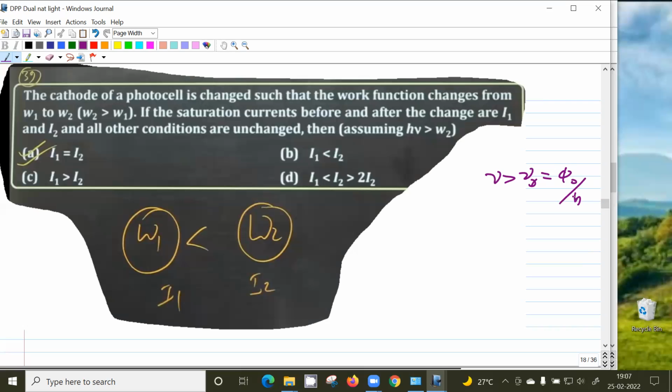It's phi naught by h. So the only condition is that h nu should be greater than both W1 and W2. This is the assumption we are making. In that case, the number of electrons emitted in both cases will be the same. That means the current is the same. That is, the saturation current is the same.